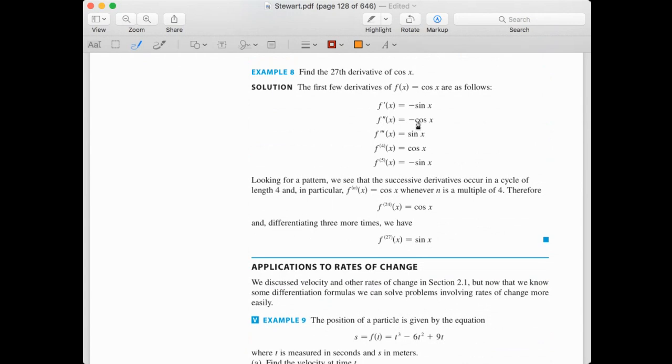Then the derivative of cosine is negative sine, and the negative and negative become positive. So it's a cycle of 4. So for the 24th derivative, we divide by 4, the remainder is 0, which is cosine x. For 27, we divide by 4, the remainder is 3, so going back to sine.